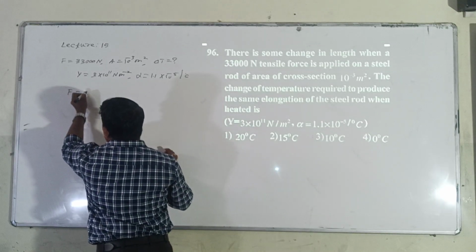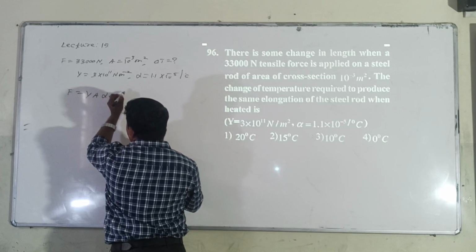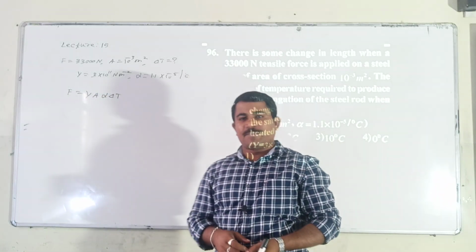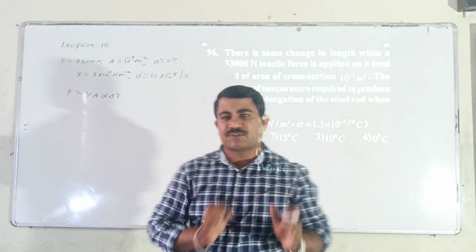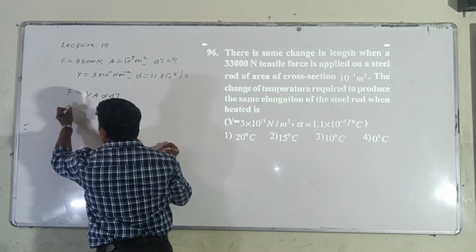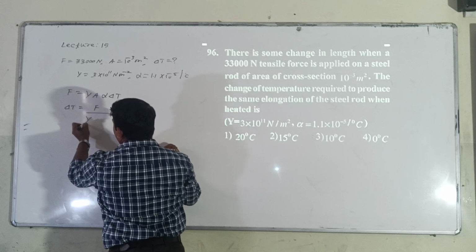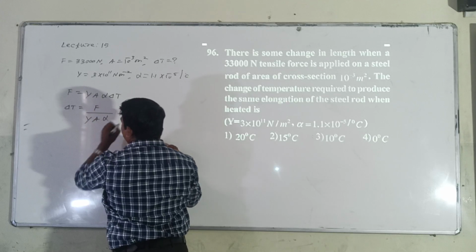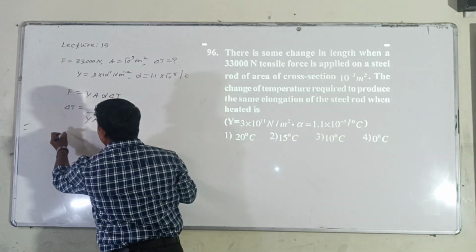Thermal force is equal to Young's modulus Y into area A into alpha into delta T. Delta T is the temperature change required to produce the thermal force, and I need this value. How to calculate? Delta T is equal to F divided by Y into area into alpha.